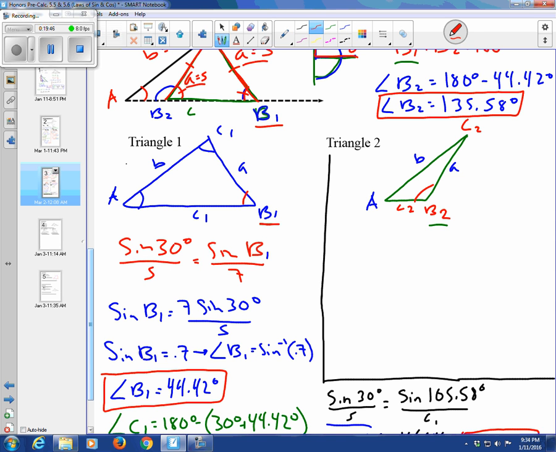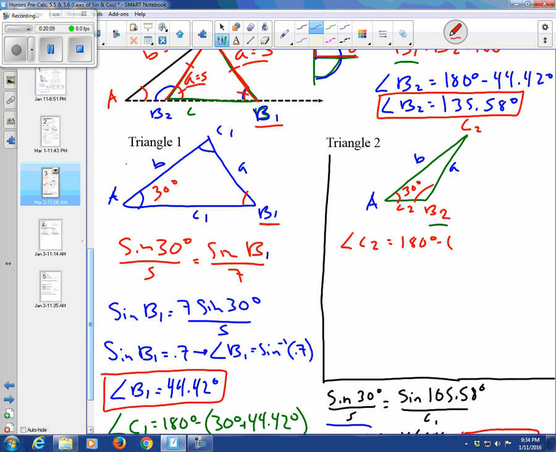Now we know that the sum of angles in a triangle is going to be 180 degrees again. So we can say that angle C2 has to be 180 degrees minus the sum of the other two angles. Remember that this angle A is the same as this angle A, which is 30 degrees.